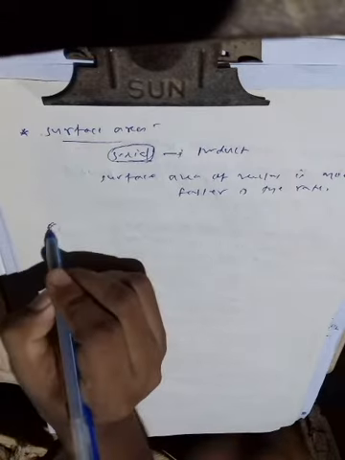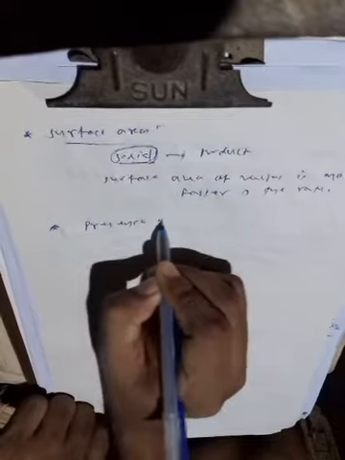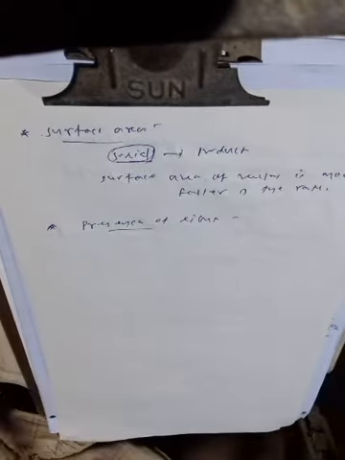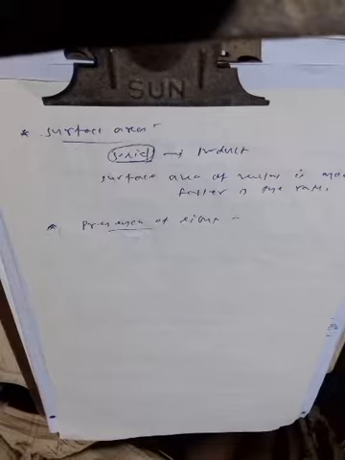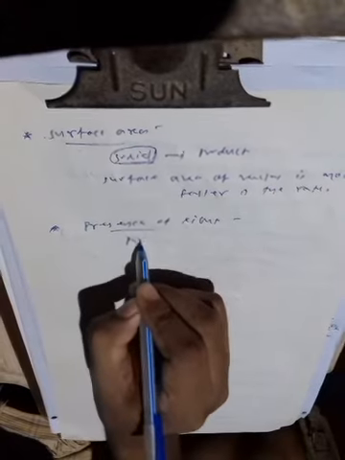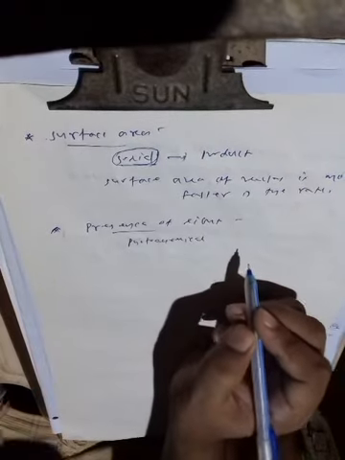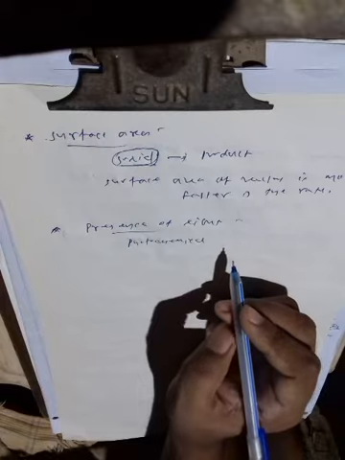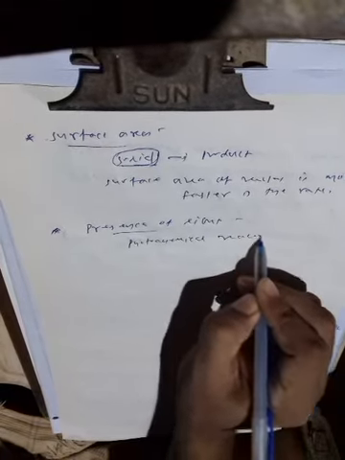Then the next factor is the presence of light. Light also affects some chemical reactions. We all know about photochemical reactions: the reactions which occur in the presence of light are called photochemical reactions.